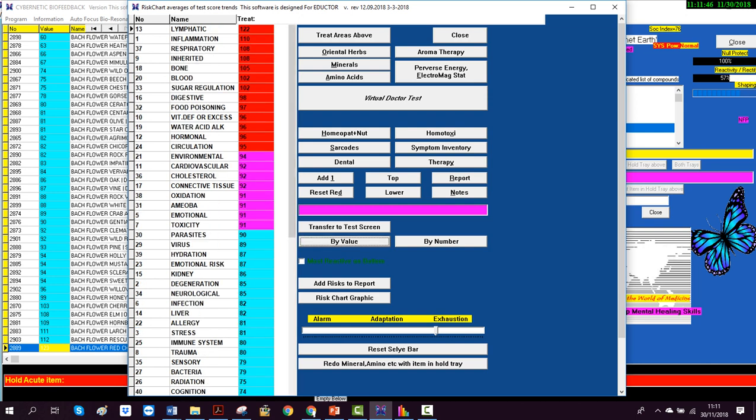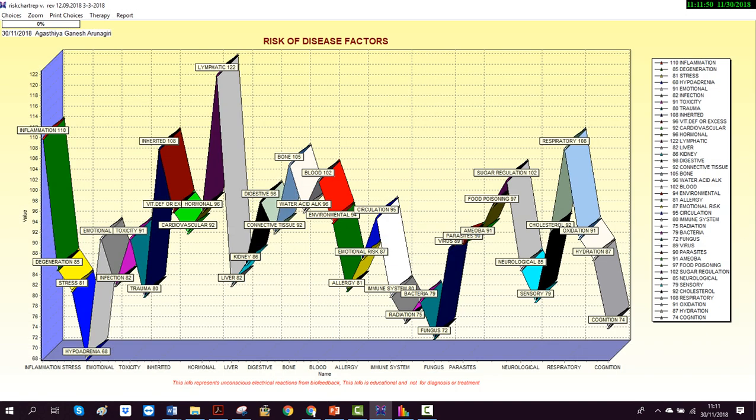And what I have here is a graphic that will show me what are the most important risks for today. What we are considering is mainly all the peaks, and mainly what is above 100. So we would be concerned about inflammation, lymphatic, some risk, inherited, bone, respiratory.